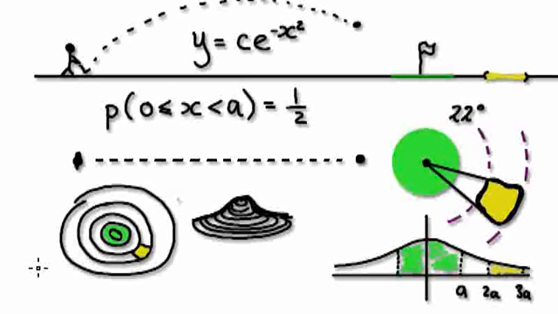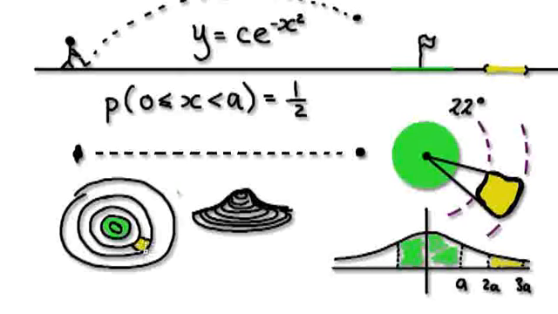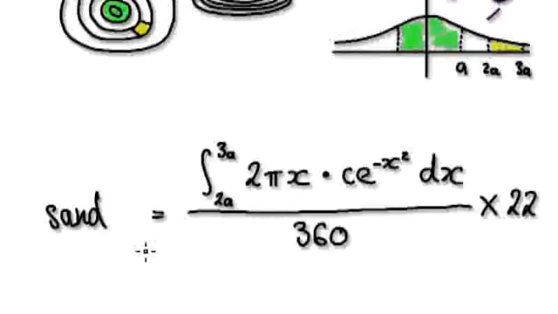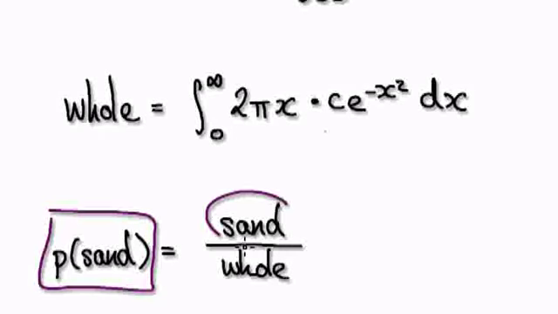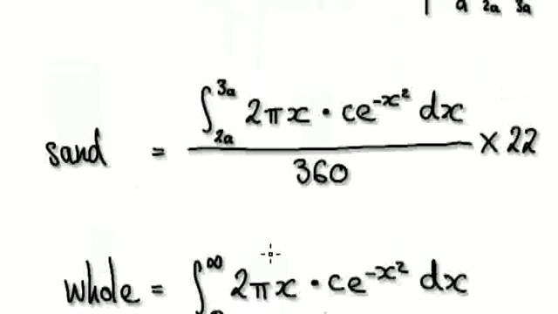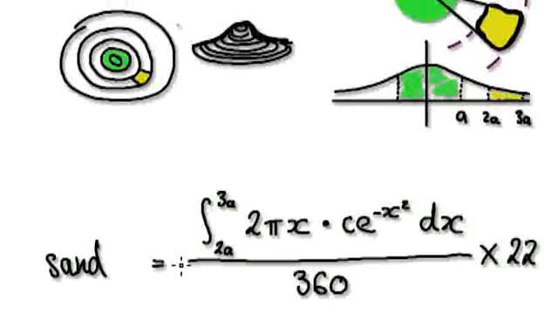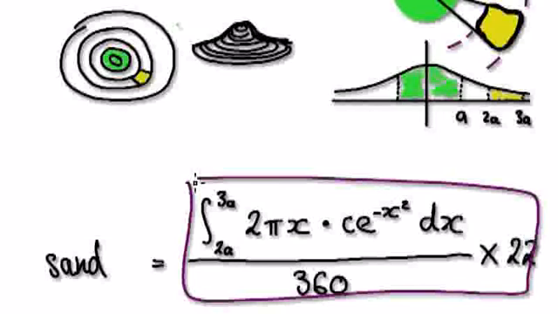Okay, so to do this, the probability of you landing in the sand is the volume of the sand divided by the whole thing. The volume of the sand is given by this.